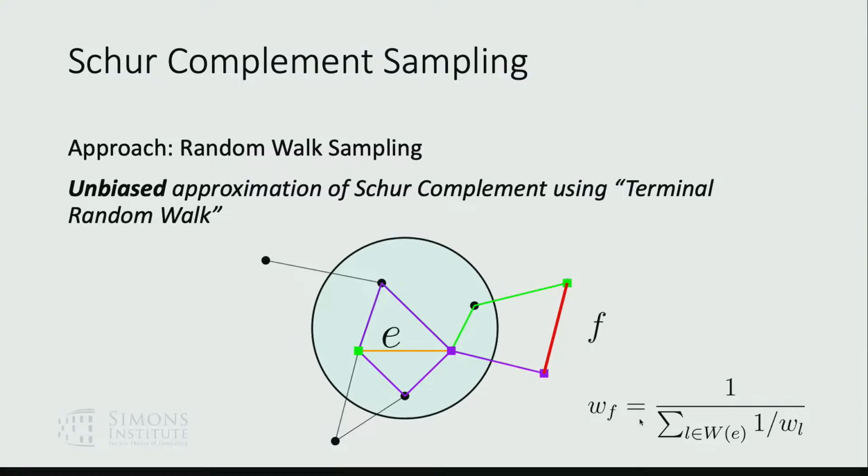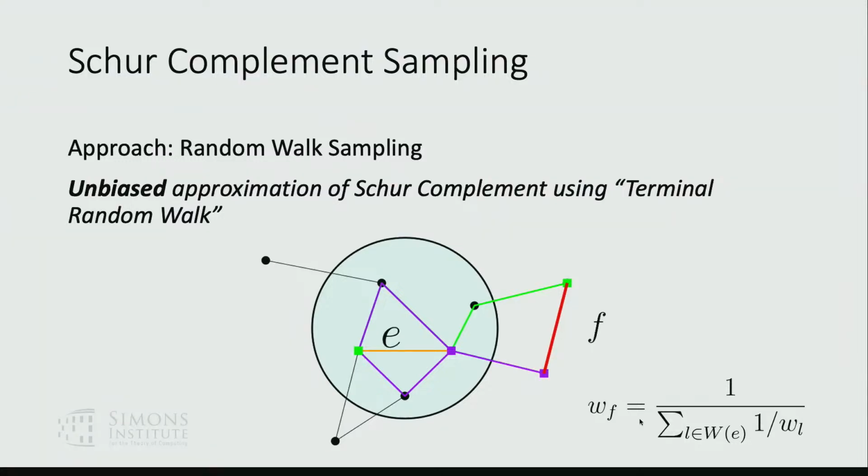So it's really falling out of the electrical interpretation also. It's very consistent with that interpretation. 1 over the resistance? That's right. Sorry, thank you. So the weight is the inverse of the total resistance, which is the sum of the resistances.